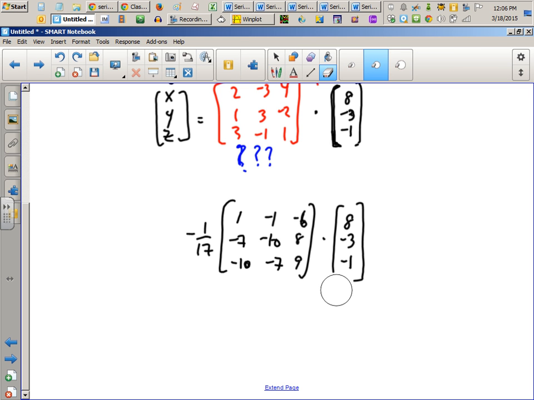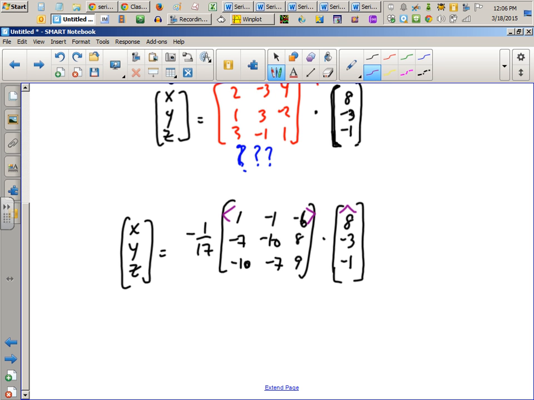Okay. So, there it is. This is the answer to our problem. We've got to solve it. Leave the negative 1/17 there. Let's do 3 dot products. Okay. So remember what you do with this. You take the first row as a vector, and you dot it with the first column of the second matrix as a vector.